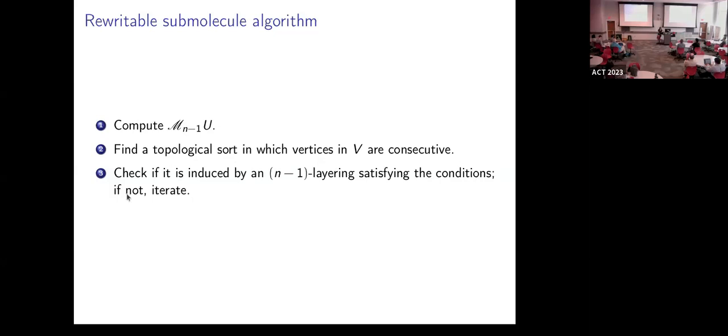And if this is not the case, then we iterate again to step 2 and we try to find another topological sort. So each of these steps can be efficiently computed, but the problem is that we may have to iterate through a factorial number of topological sorts.